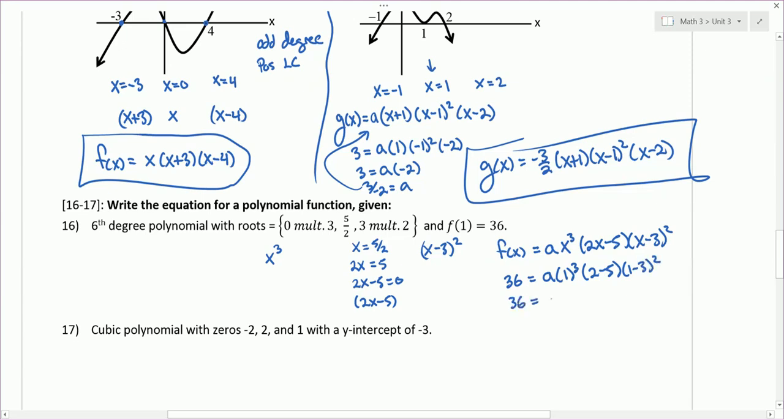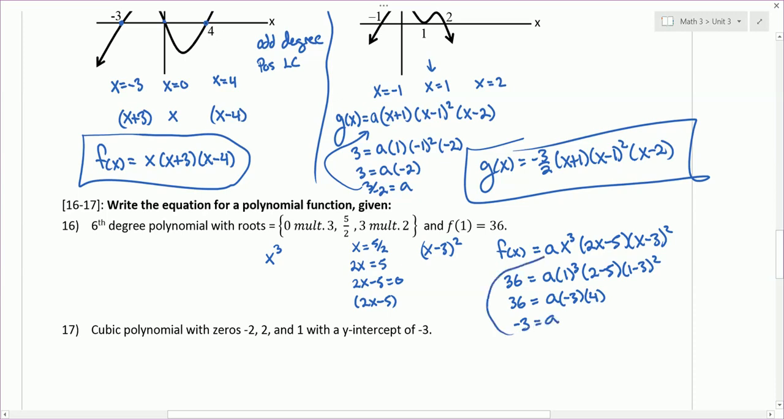So 36 equals a times 1 cubed is 1, times -3 times -2 squared, which is 4. Divide both sides by -12, and you end up with -3 is equal to a.